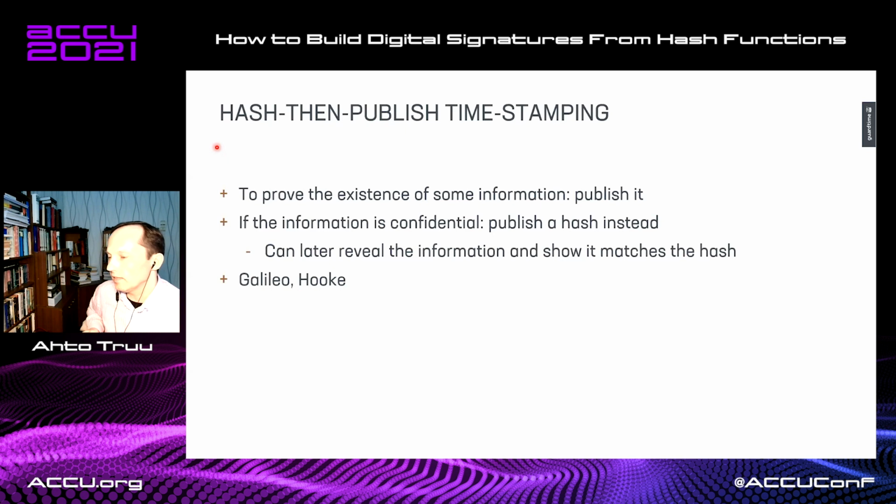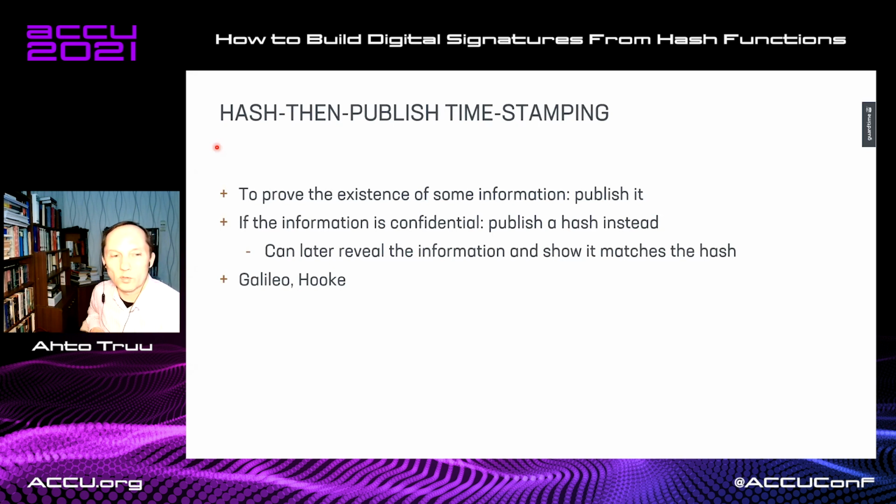And then they were later able to show that when I posted this cryptic message a few months back, what I meant was this. And then they would have some kind of evidence that they had actually had this idea before others, but without revealing the idea itself.